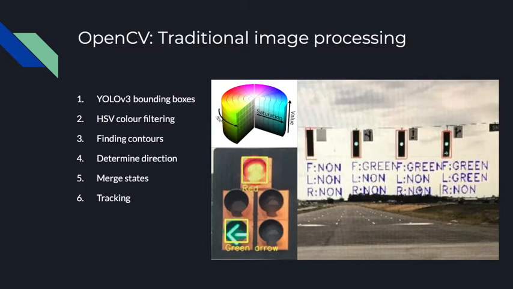We then convert it to hue, saturation, and value, so a different color space. HSV is better than RGB for determining colors, as the different colors are much further apart in the spectrum and have different values. So from that we can determine where the red is, where the green is. We then look at the contours of the arrows.